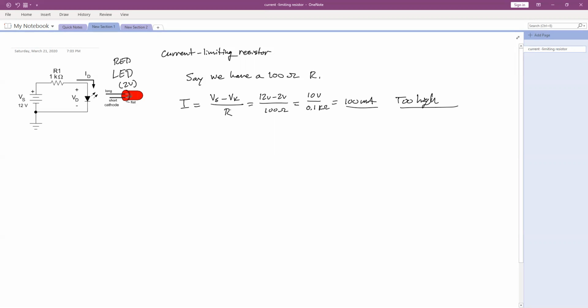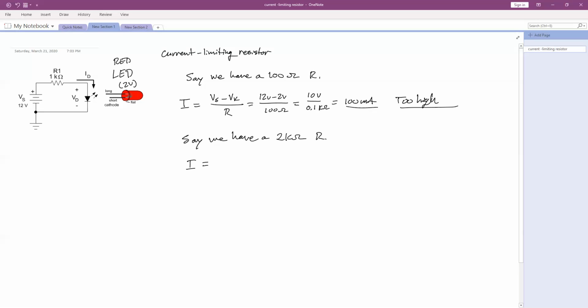So let's say that we have instead a different resistor value. Let's say that we have a 2k ohm resistor. So let's see what we're going to get then for a current. We're going to have the same voltage drop because it's still a red LED.